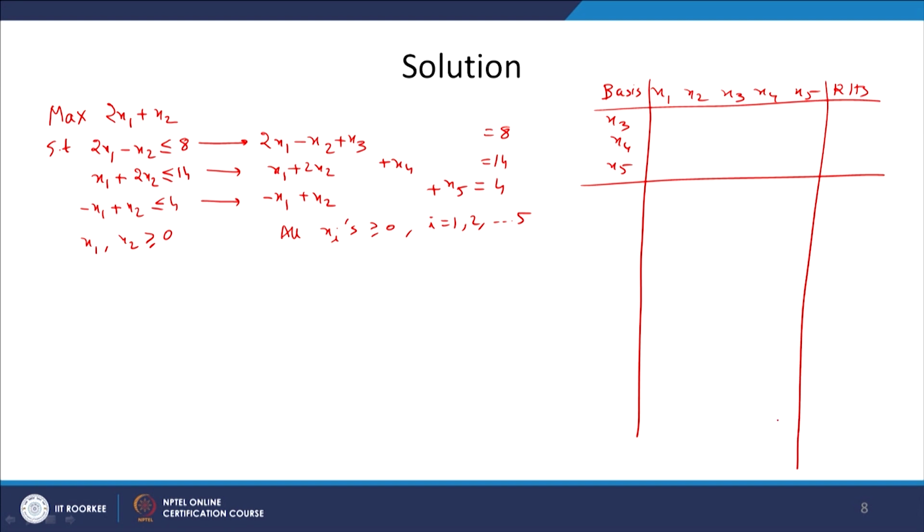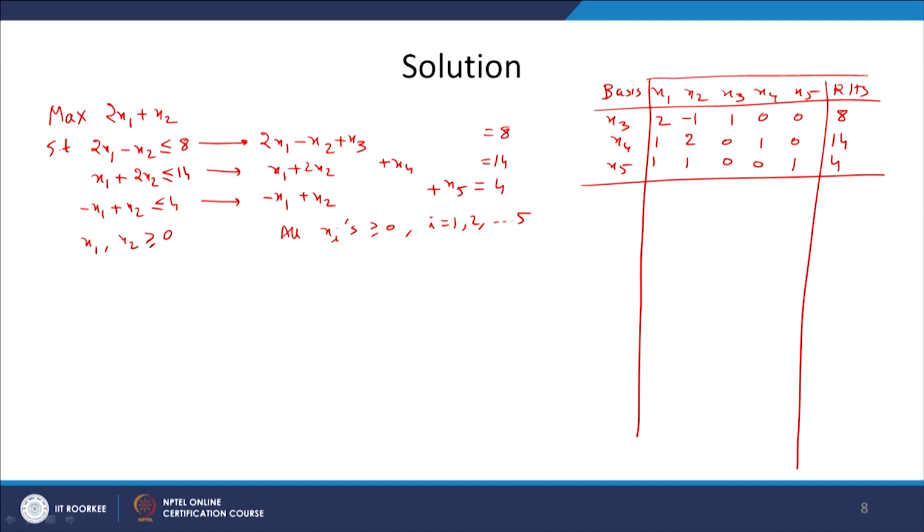The data inside is 2, 1, 1, minus 1, 2, 1, 1, 0, 0, 0, 1, 0, 0, 0, 1, and the right hand side is 8, 14 and 4.